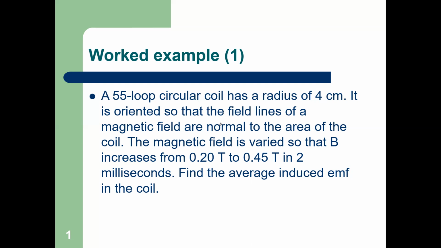It is oriented so that the field lines of the magnetic field are normal to the area of the coil. The magnetic field is varied so that B, that's the magnetic field, increases from 0.2 Tesla to 0.45 Tesla in 2 milliseconds. Find the average induced EMF in the coil.